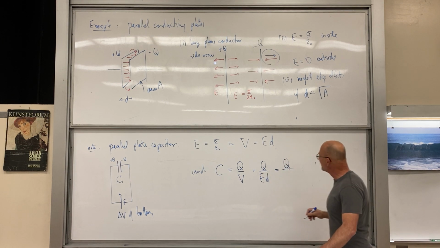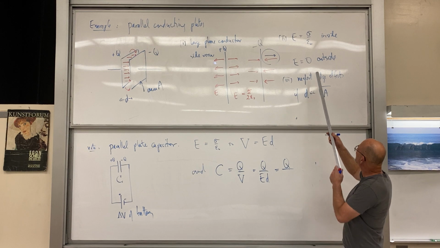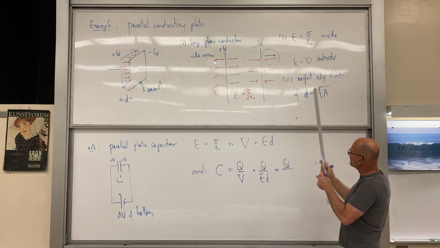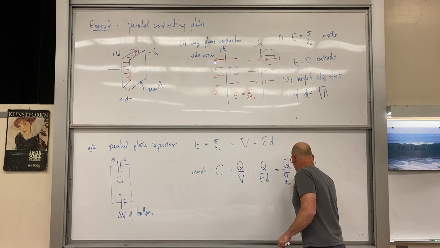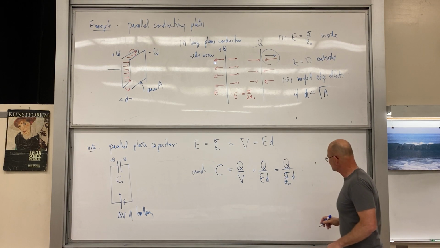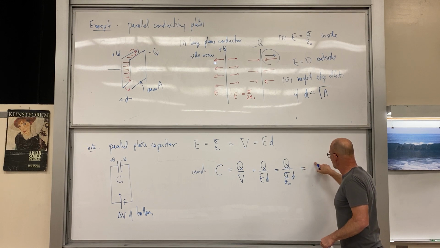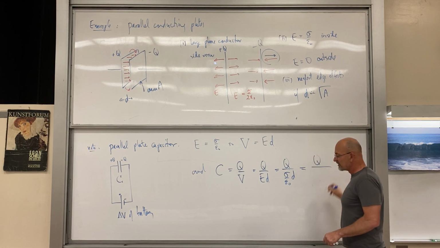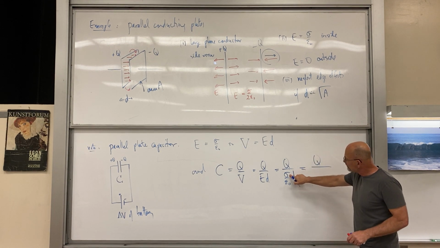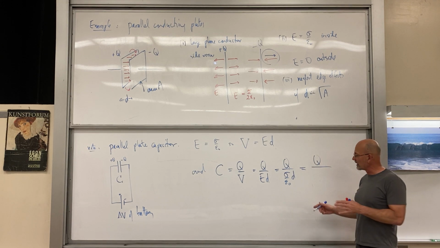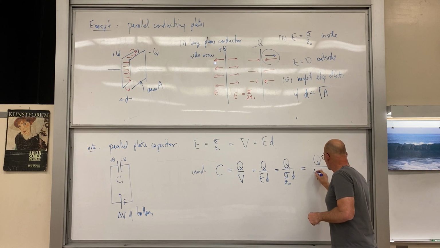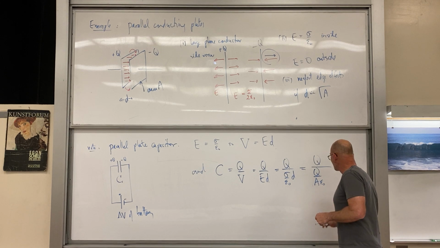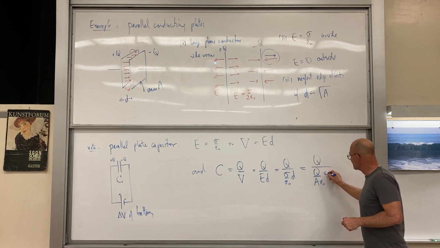Q, but what is that field? The field is sigma over epsilon naught. So sigma over epsilon naught times D. Finally, that sigma is Q per area, right? Surface charge density, charge per area. So we have Q over A epsilon naught, and the D is still here.